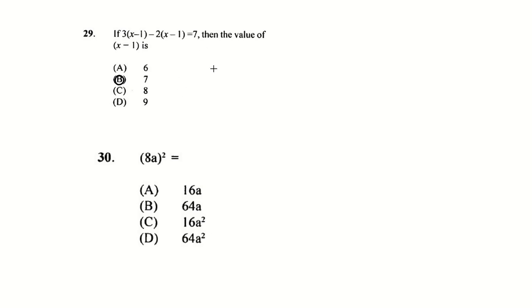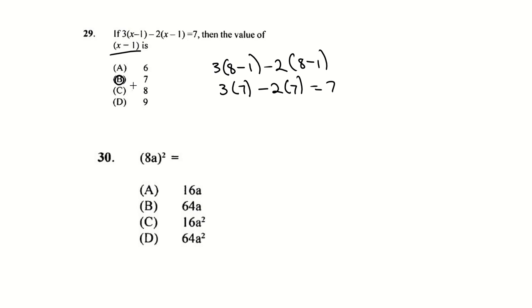We said that it's 3 by 8 minus 1 minus 2 by 8 minus 1, right? That is 3 by 7 minus 2 by 7, which is in fact 7, right? And if x was equal to 8, then x minus 1 would have been 8 minus 1, which is 7.